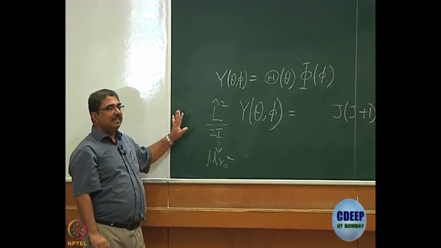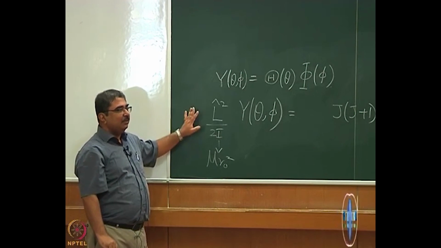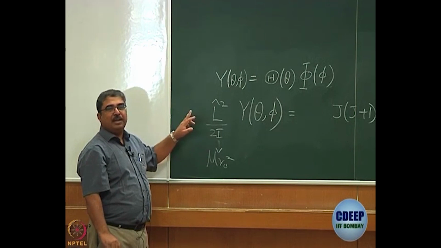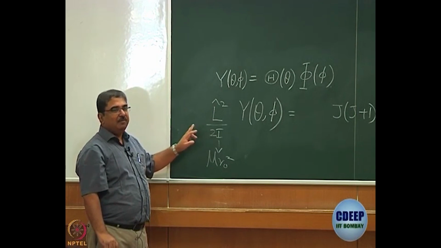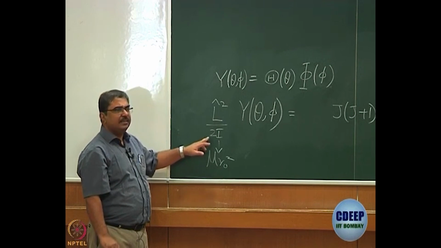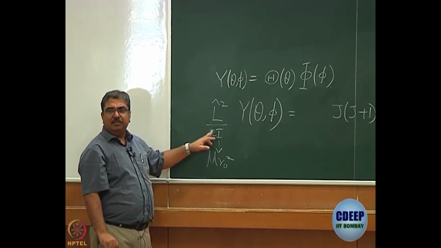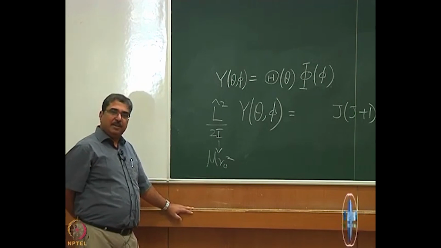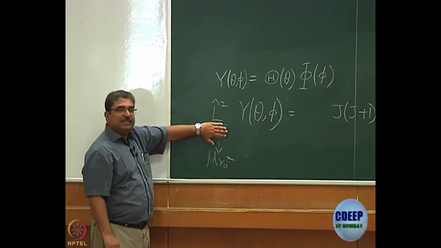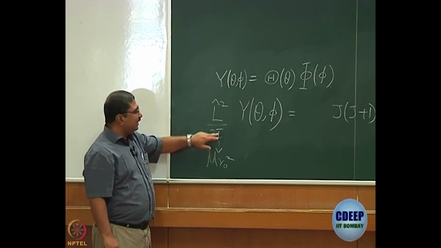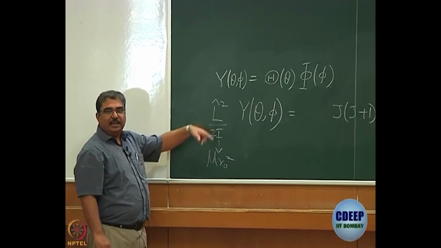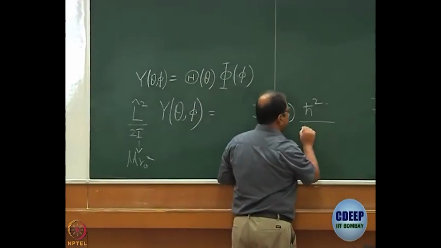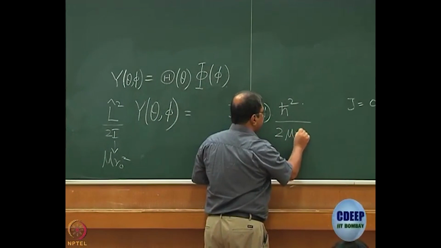So rotational energy is given by the square of angular momentum divided by 2I, where I is the moment of inertia, equal to mu r0 square. On the left hand side, if I divide by 2I, I should divide the right hand side by 2I as well. So I will divide right away by 2 mu r0 square.